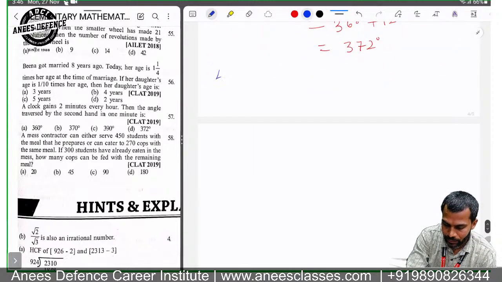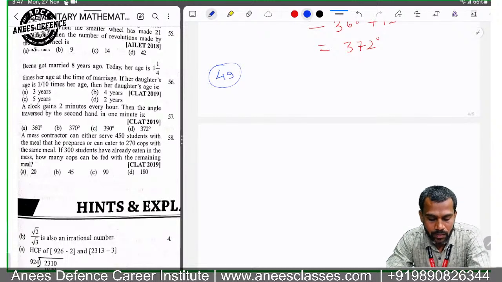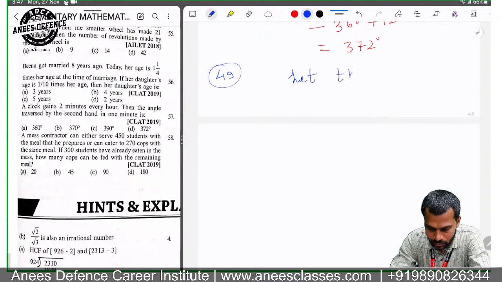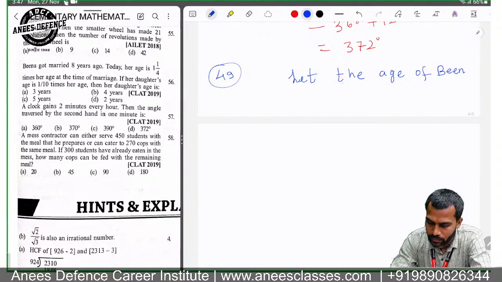Question number 49. 8 years ago, what we need to find out? Daughter's age. Today her age is, suppose, let the age of Beena be X years.